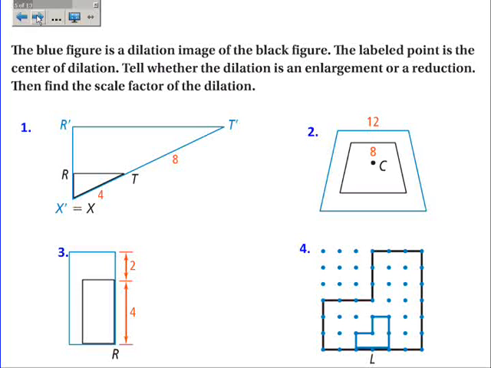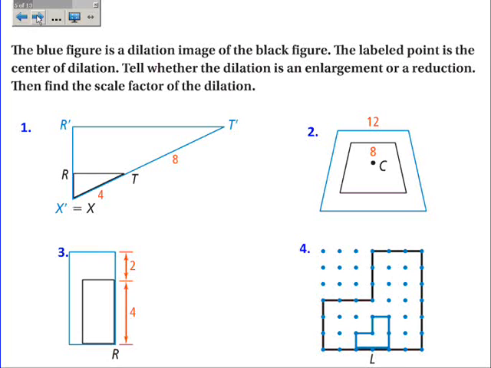The blue figure is a dilation image of the black figure, and the labeled point is the center of dilation. Tell whether the dilation is an enlargement or a reduction, and then find the scale factor of the dilation. Number 1, again, the blue is the image, and the black is the pre-image.